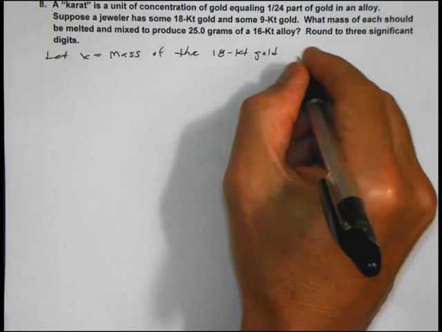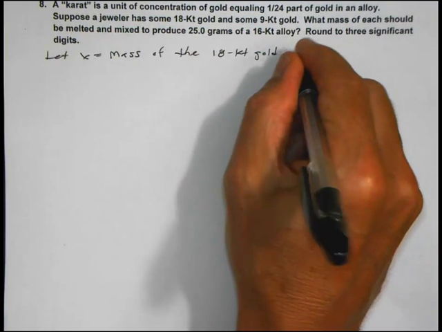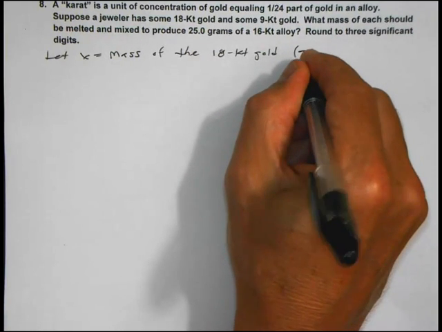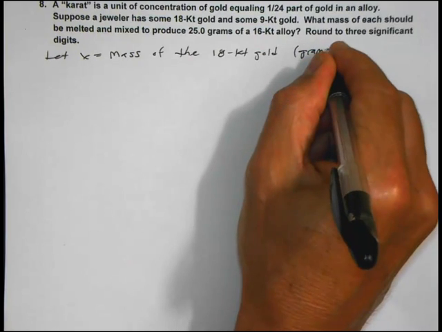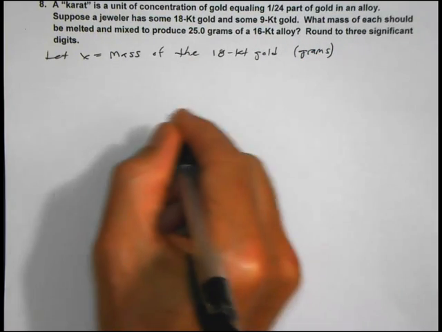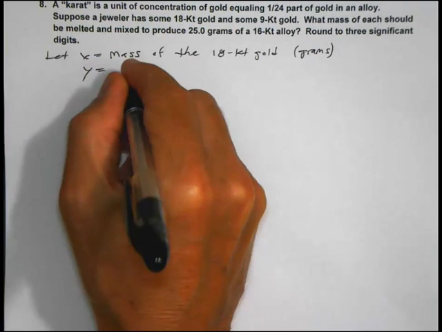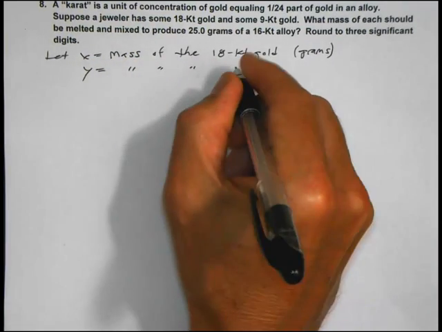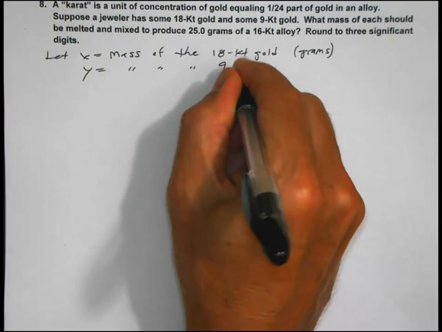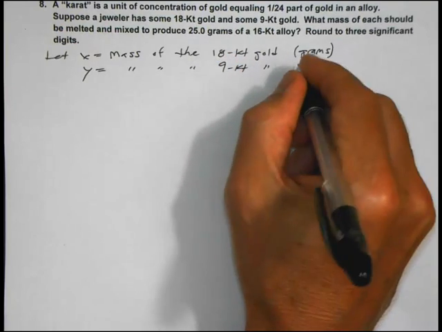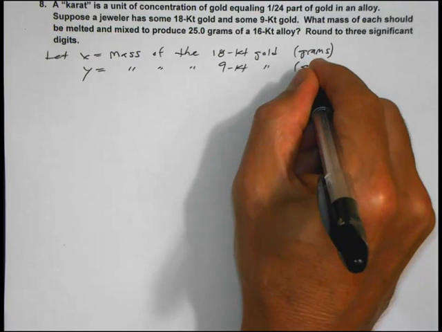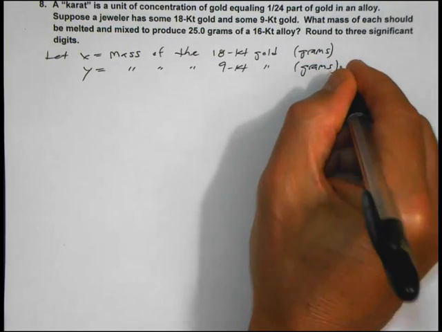And what units of measure would be good there? Surely grams, right, since the final alloy is in grams. Okay, and y could be the mass of the 9-karat gold, and grams there as well.